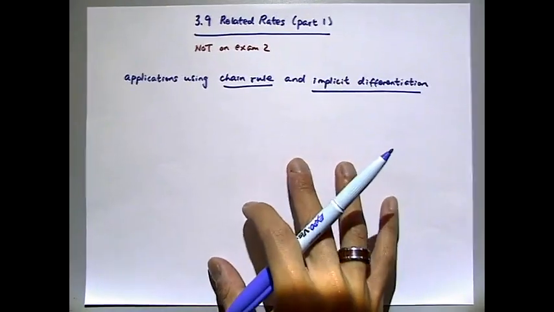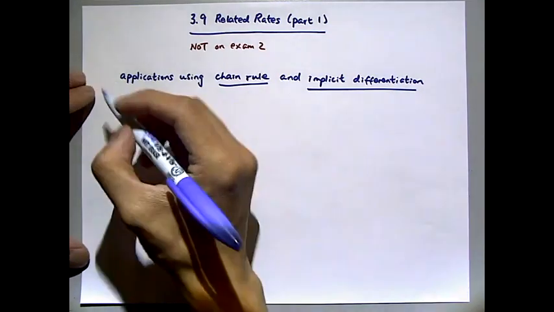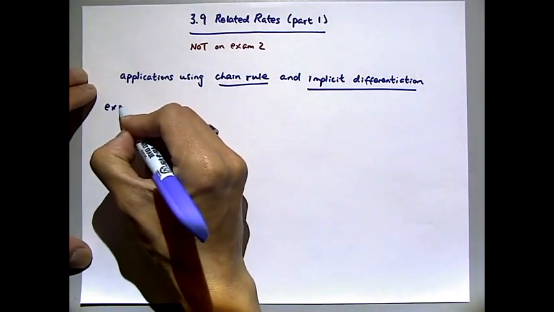Okay, let me put this on the other projector and now work on this page. All right, so let me sketch a picture here so you can get a better feel of what's going on.